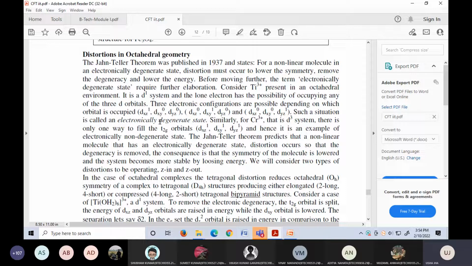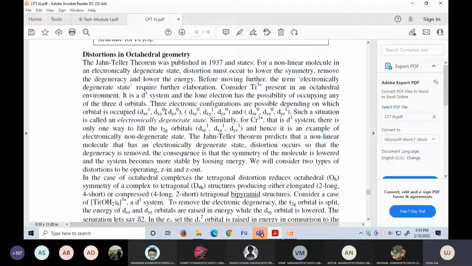So whenever you have a nonlinear molecule where such an option exists, such an electronically degenerate state, please understand what we mean by an electronically degenerate state. Although they are equivalent, we say that they are triply degenerate, isn't it? T2g, we say that dxy, dxz, and dyz are all three equivalent in energy.